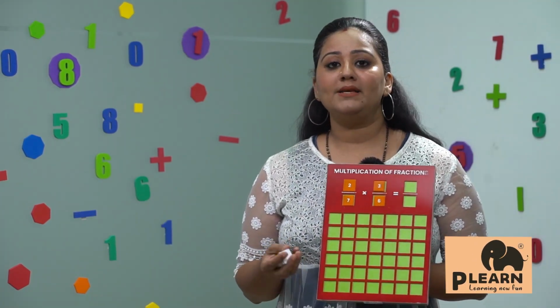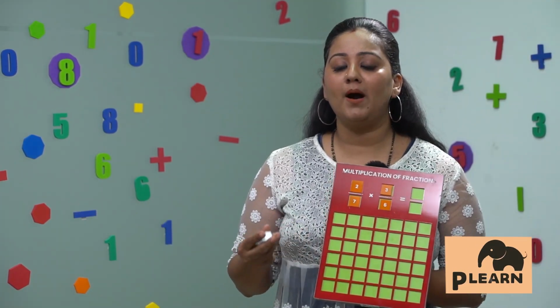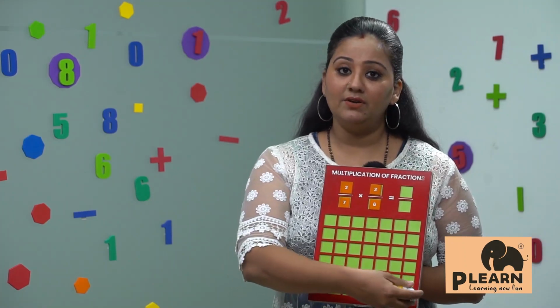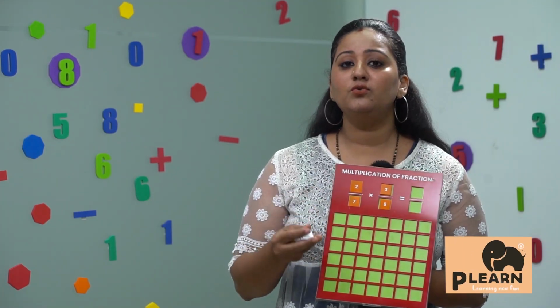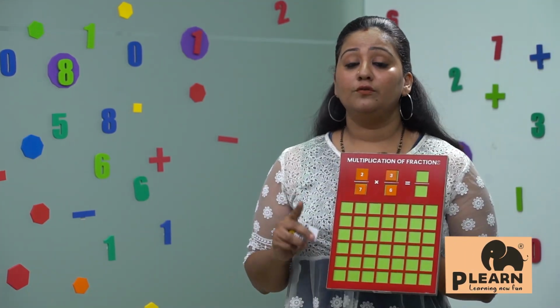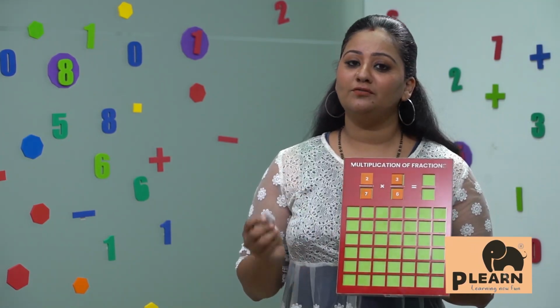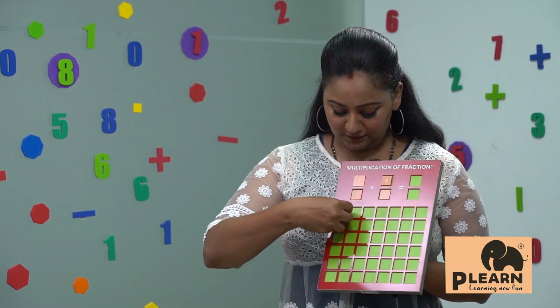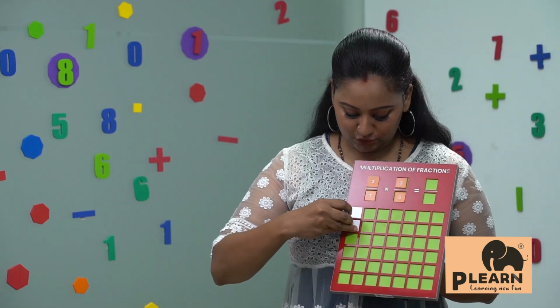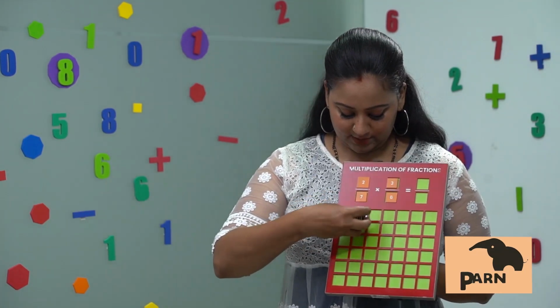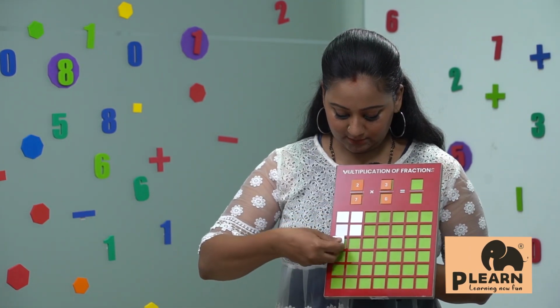Now, what is 2 by 7? 2 by 7 is 2 parts of 7. Here we have 7 columns, so it is 2 columns out of 7 columns. So let's fill 2 columns of the 7 columns. Let's fill it like this. 2, 3, 4.